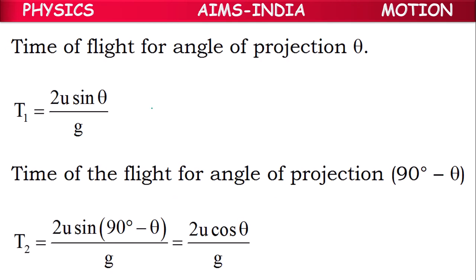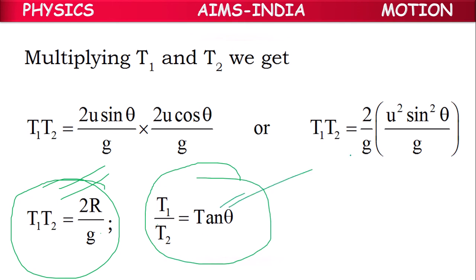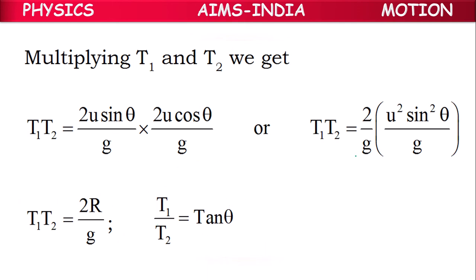And the relation between times of flights, when the range is same, for theta angle of projection and 90 minus theta angle of projection. If this time of flight is T1, and this time of flight is T2, the relation between T1 and T2 is 2R by g, or T1 by T2 equal to tan theta. This is the relation.